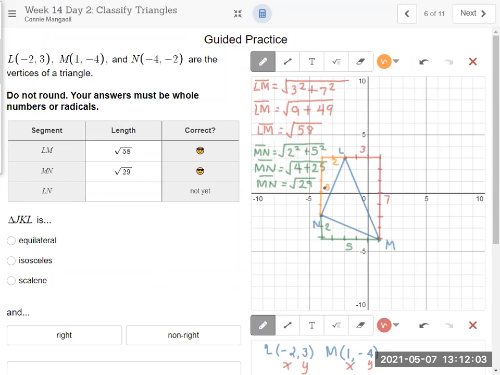So LN would be equal to the square root of, the sides are 5 and 2. So 5 squared plus 2 squared. Evaluating this, 5 squared is 25 and 2 squared is 4. So again, you get square root of 29.